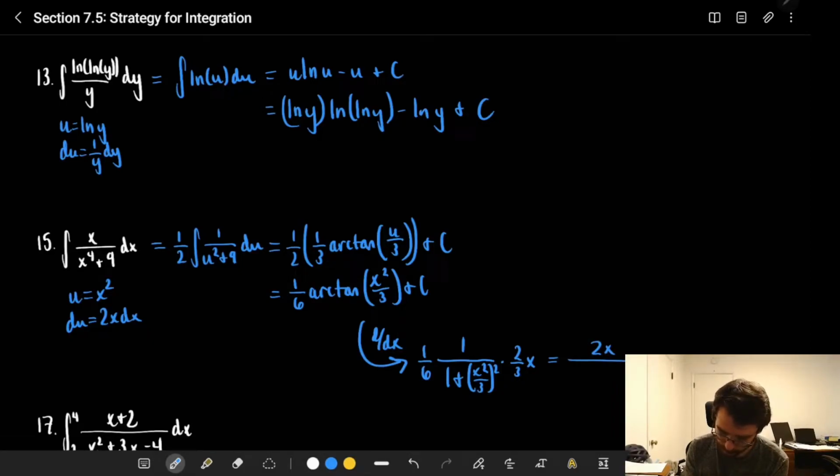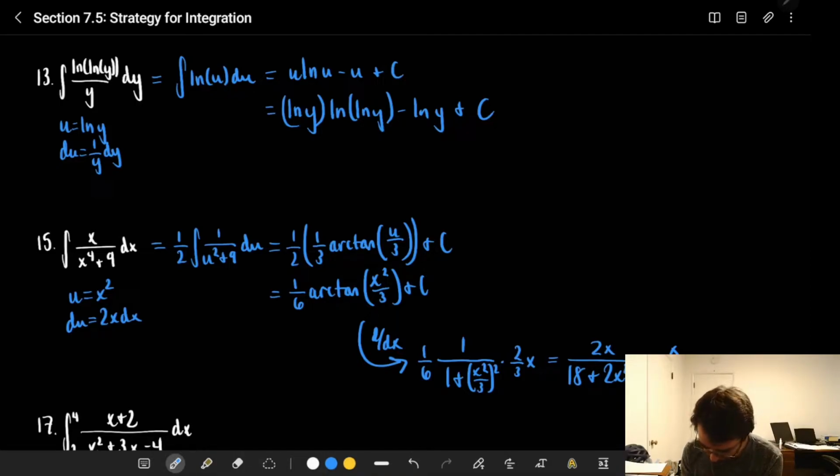A 2x, I suppose. On the bottom, you have a 6 times 3 is 18 plus, that's x to the 4th over 9 times 18 is 2x squared. Factor a 2 or cancel a 2 out of everything. That's x over 9 plus x squared. That works.